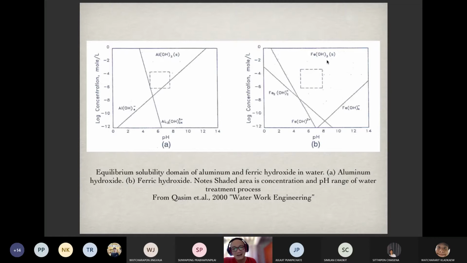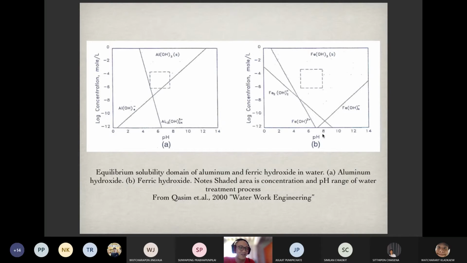But the one which is better in terms of the efficiency, in terms of the wide variations of the pH range, is the ferric iron. The ferric can actually work from the pH 5 to around 8.